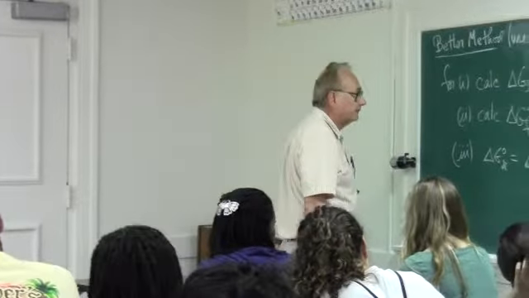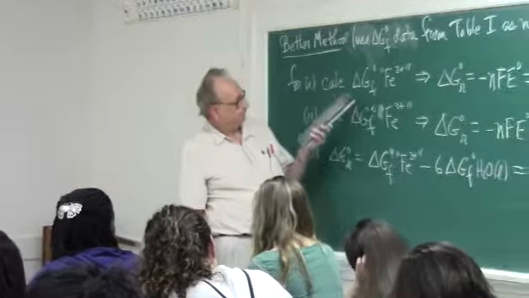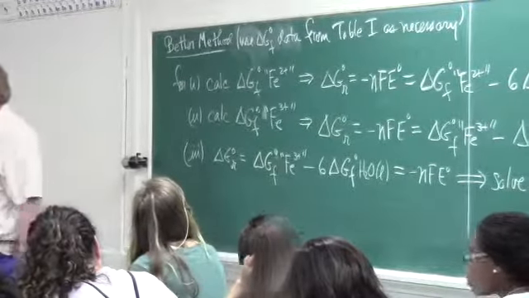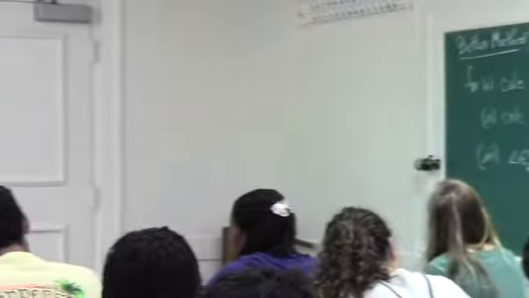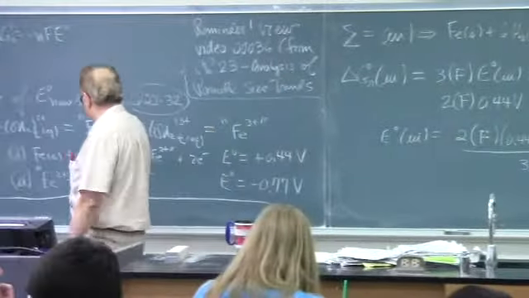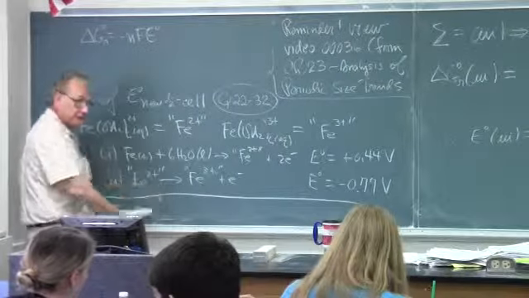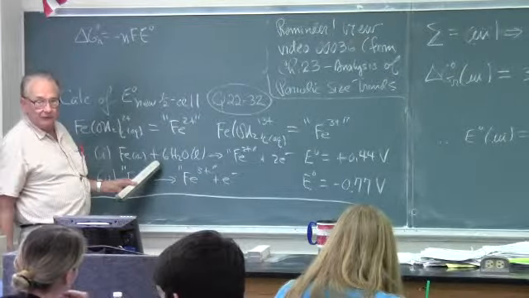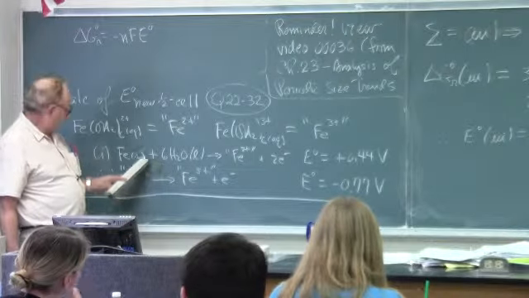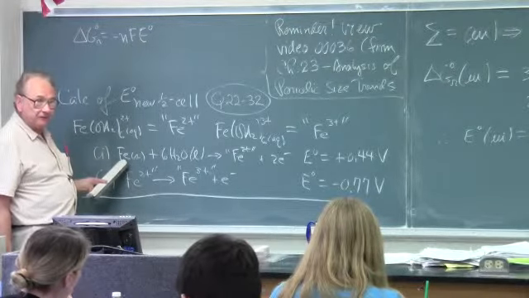Well, from half reaction 1, here's 1. If you look at Table 1, what's delta G sub F super 0 for this stuff?